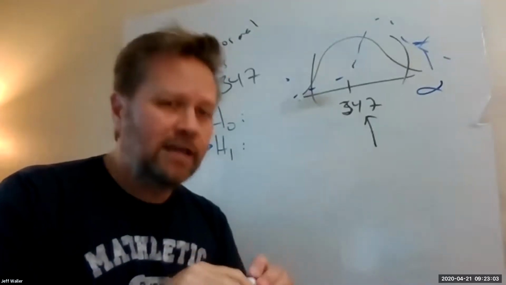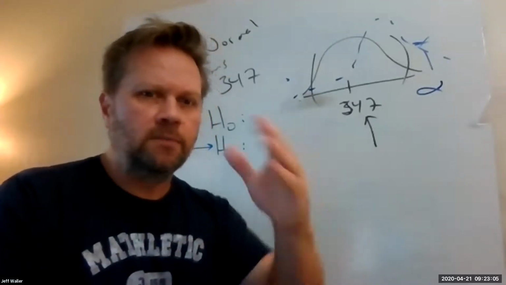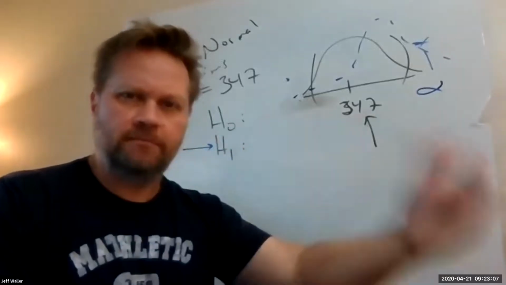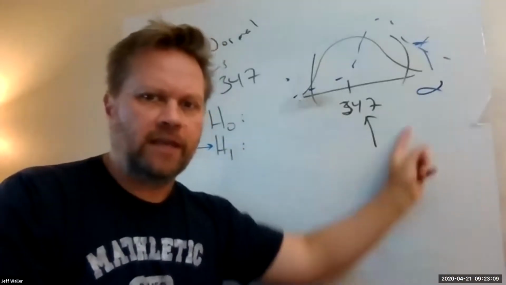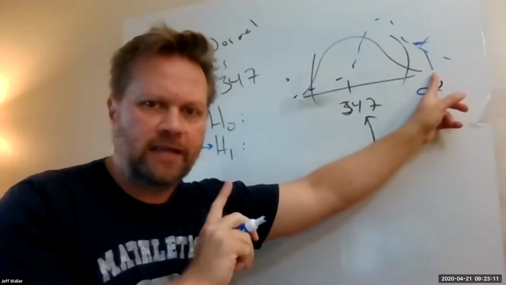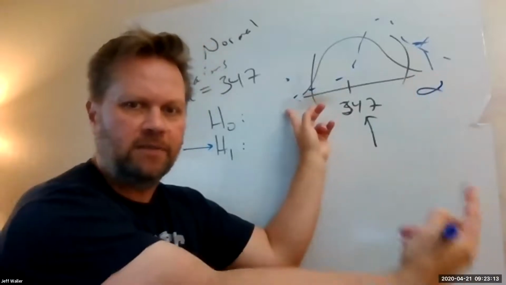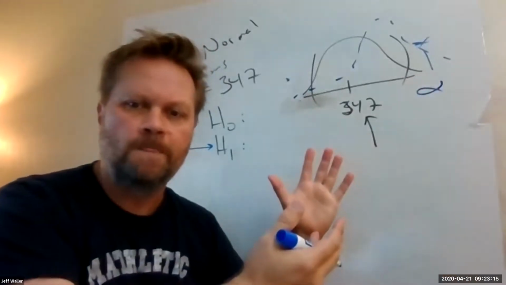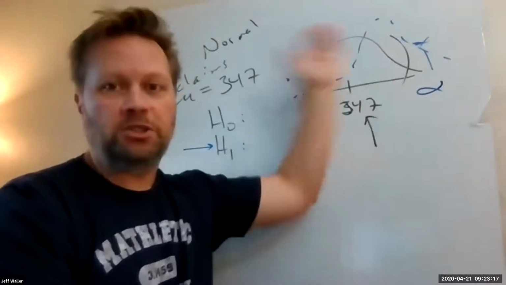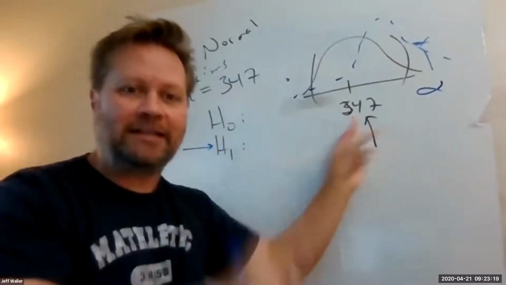But I can show evidence that the mean is different, greater. If I get up here, that's evidence that the mean is actually bigger. If I get down there, that's evidence that the mean is actually smaller, because it's not where it should be if the mean is that.